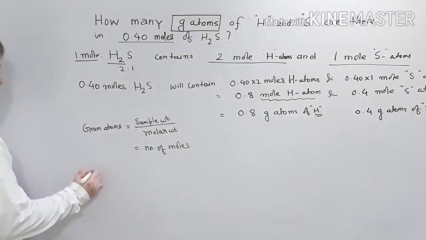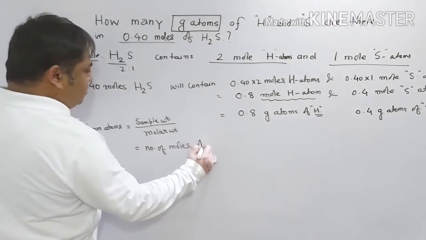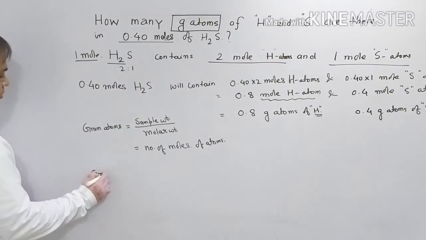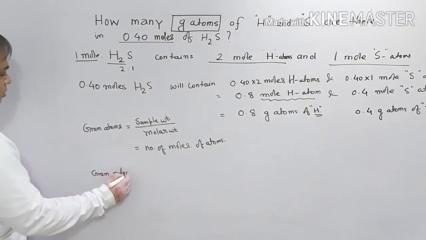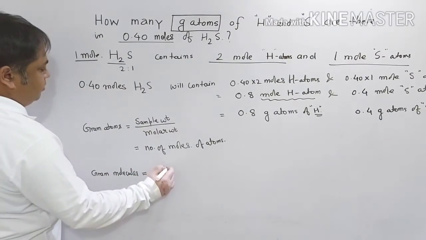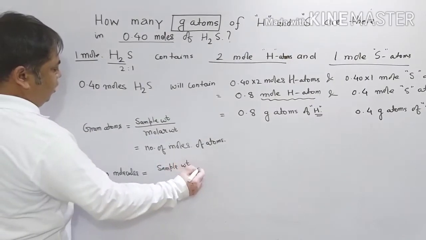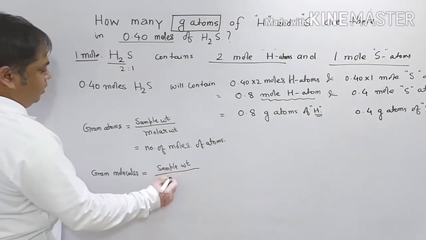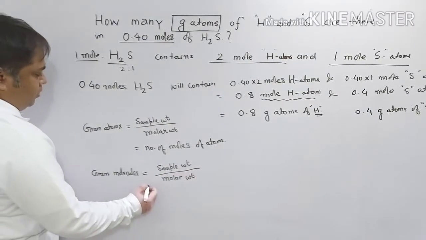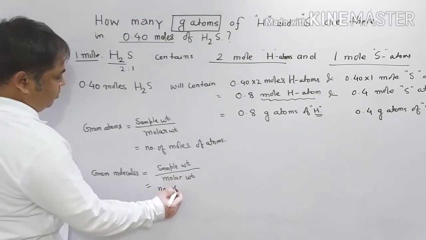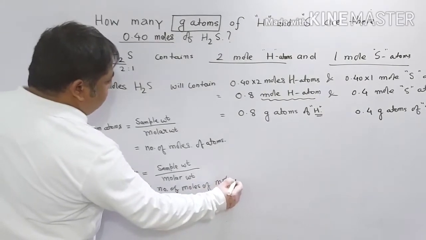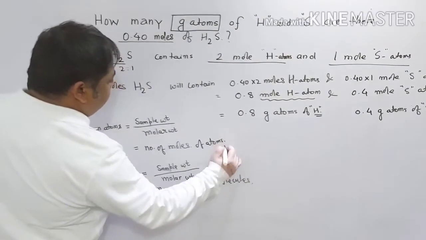And gram molecules, number of moles of molecules, will be equal to sample weight or given weight divided by molar weight of the molecule. So it will be equal to number of moles of molecules. Now you will never confuse in this, I hope.